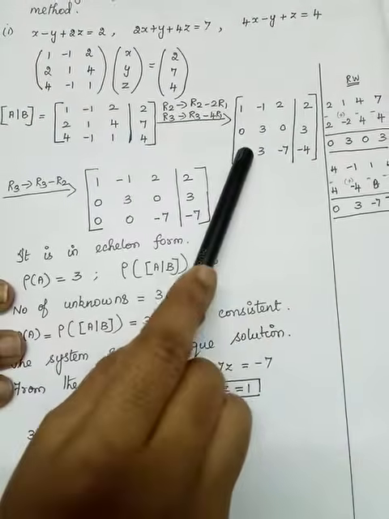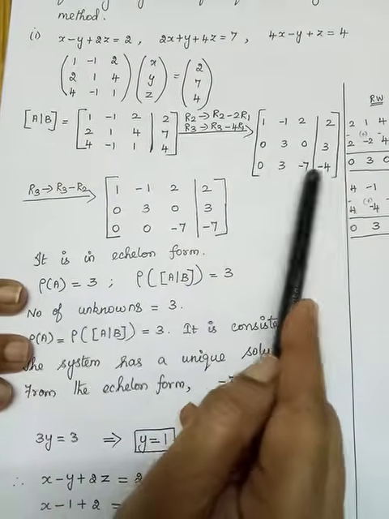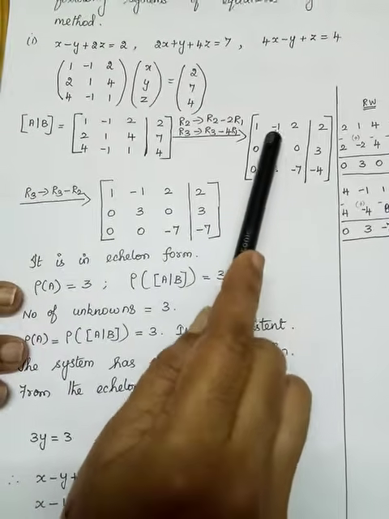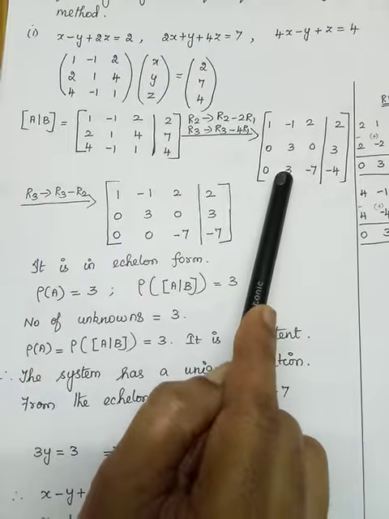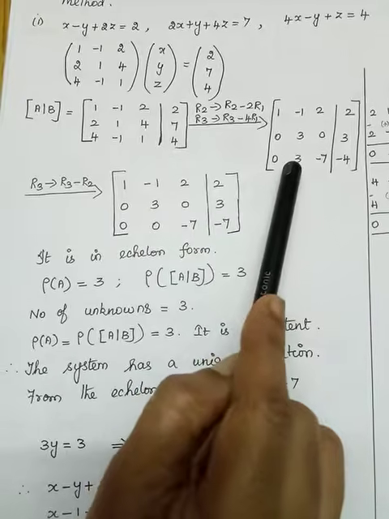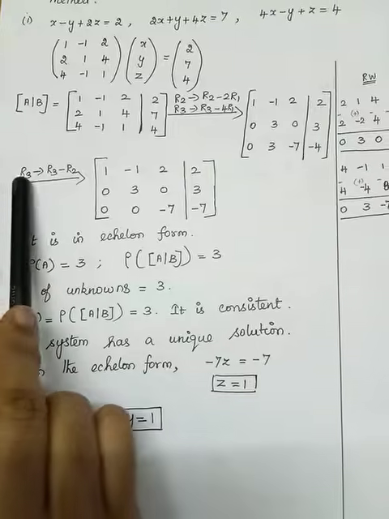Is it in echelon form? No, it is not in echelon form. Why? Comparing the second and the third rows, we have to make this element 0, because below the first non-zero entry the entry should be 0. This element is in R3, so we have to do the transformation in R3.